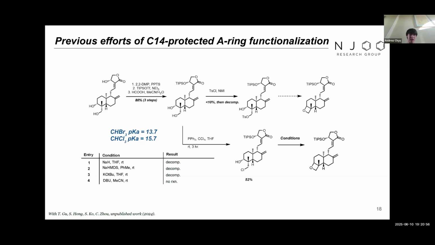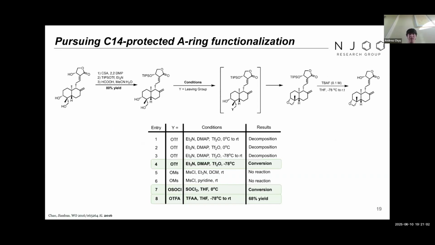However, upon addition of these bases, we found that chlorine was simply not a good enough leaving group to form the oxetane. This resulted in us trying to install other, much stronger leaving groups, using a variety of anhydrides such as triflic anhydride or trifluoroacetic anhydride.